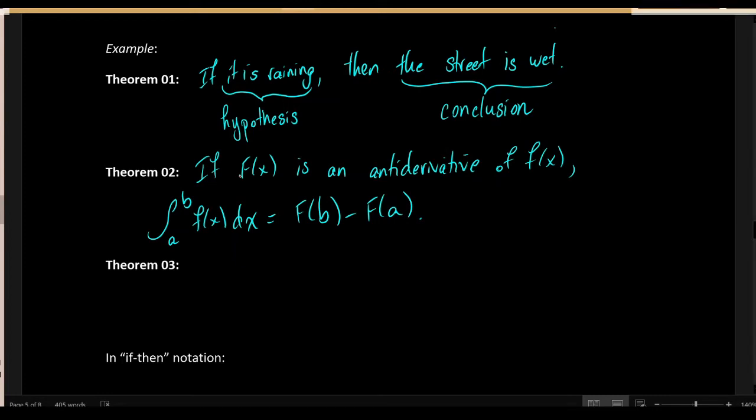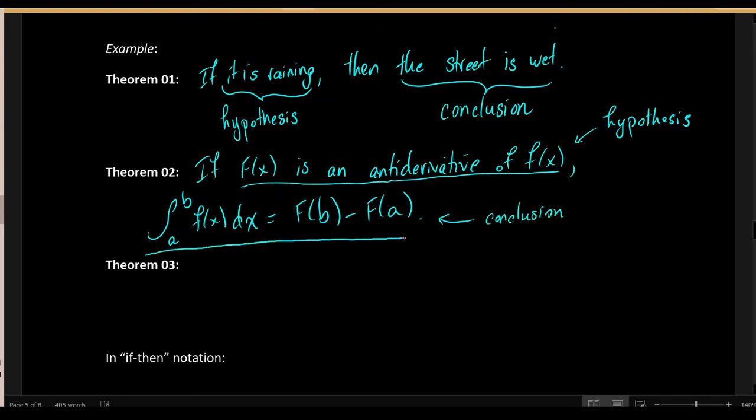In this case, the hypothesis, the situation that we need in order to use this theorem, is that capital F of x is an antiderivative of lowercase f of x. Here's our hypothesis. And what we can conclude from that, if we are in that situation, is that this is a viable technique to calculate the value of this definite integral. Hypothesis after the word if, and then the conclusion, usually after the word then.